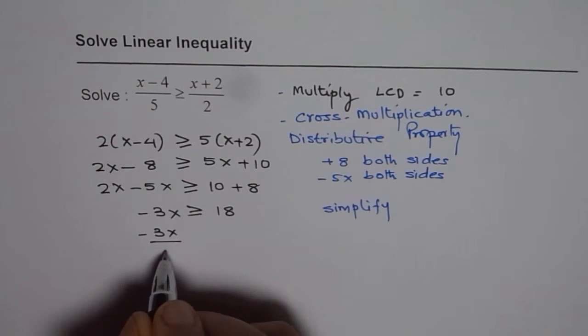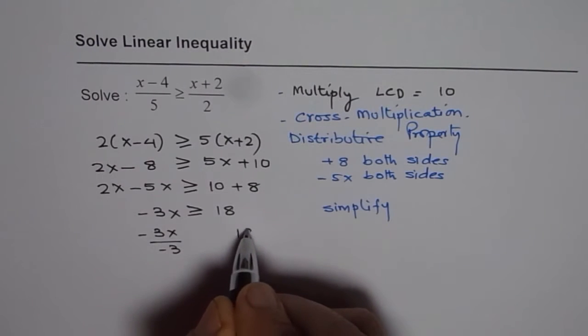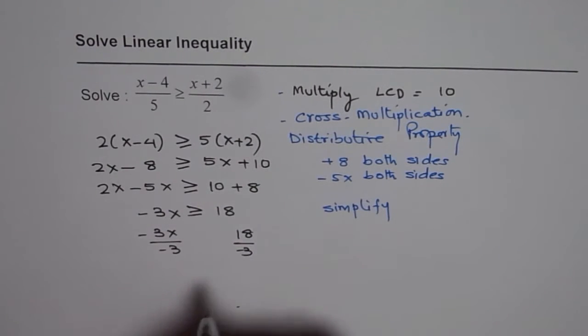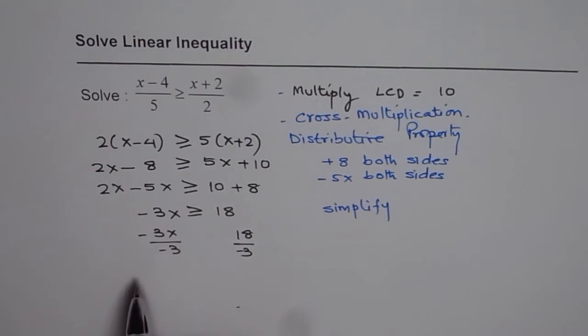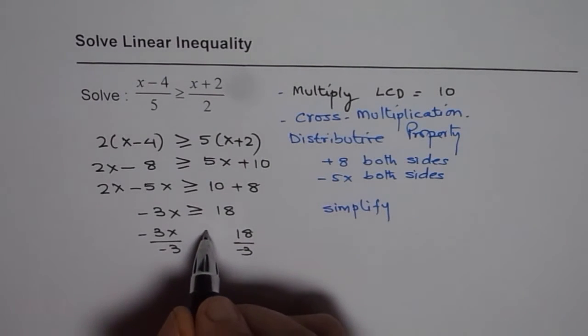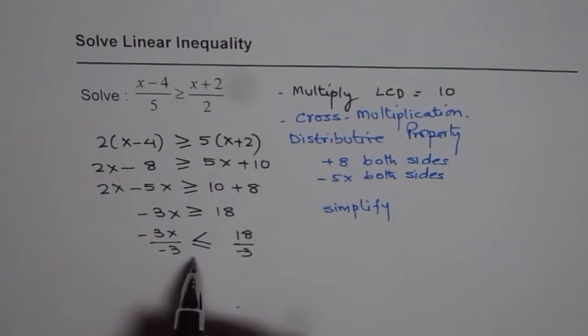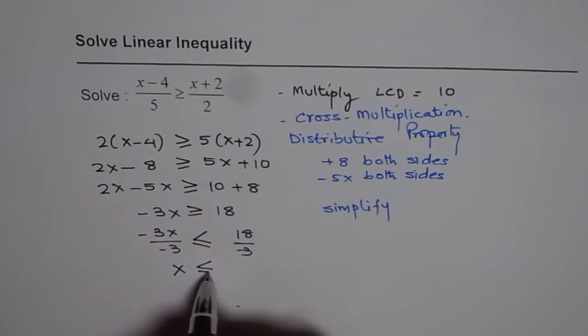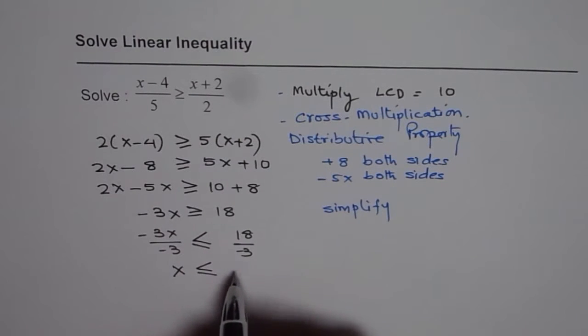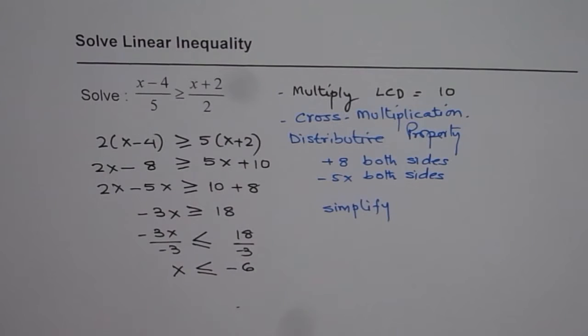Minus 3x divided by minus 3 on both sides. Then I should also change the sign, because we are multiplying or dividing by a negative number. So the inequality now becomes less than or equal to. This is a very critical step. And we get x is less than or equal to 18 divided by minus 3, which is minus 6.